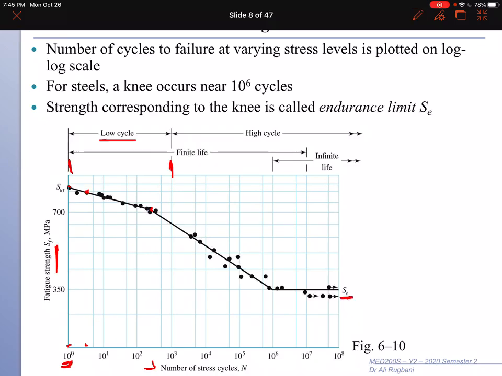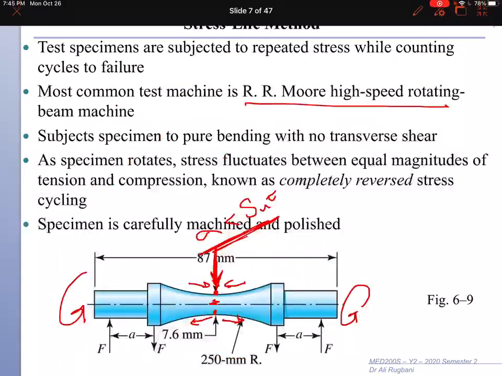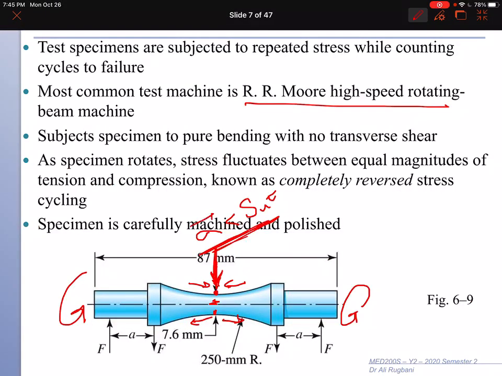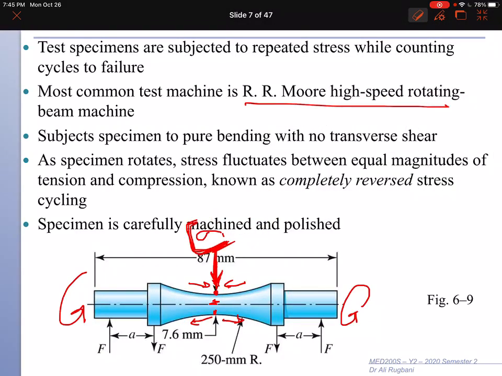So if I go back to the previous slide here, if stress here doesn't lead to a failure, if we rotate, no matter how many rotations you do, you will never break this element. When you reach that point, stress here is called the endurance limit.